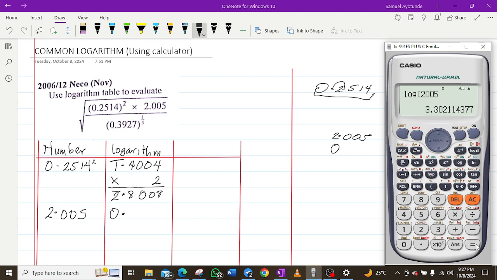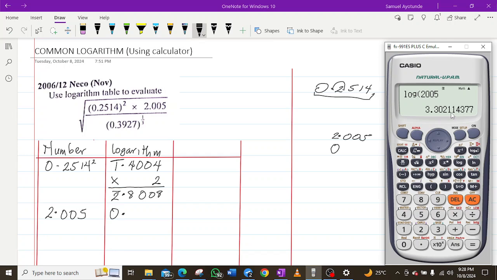So we have here 3.30211437. So like I said initially, we discard the whole number. We only need the decimal figures, and the decimal figures, we are taking it to 4 decimal place. So if we take it to 4 decimal place, we have 3021. The figure after 1 is 1, so we are rounding down, so it will still be 3021.